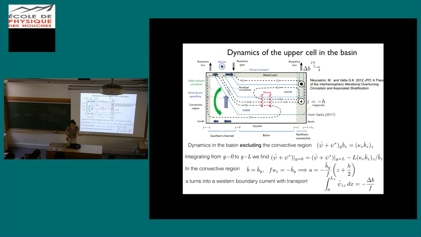I mean, that's what a gyre does. And so at the end of the day, you know then the transport here as a function of this delta B, which is the range of isopycnal shared with the Southern Ocean.